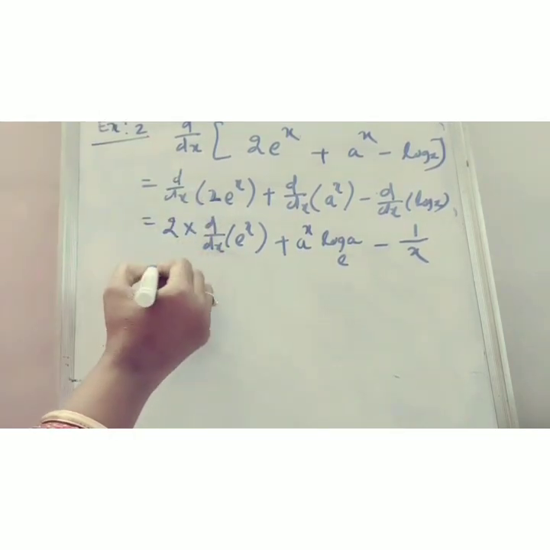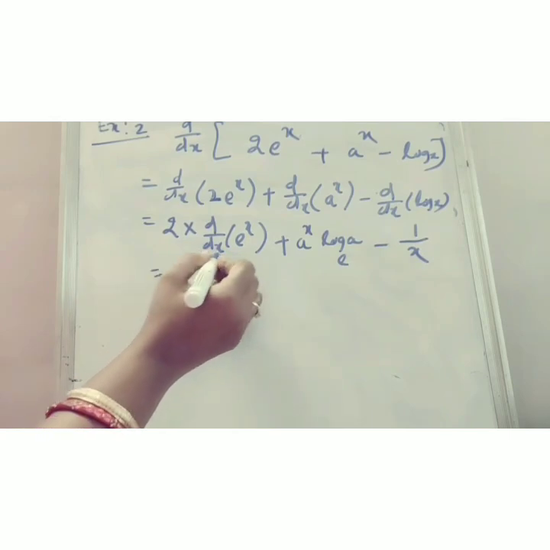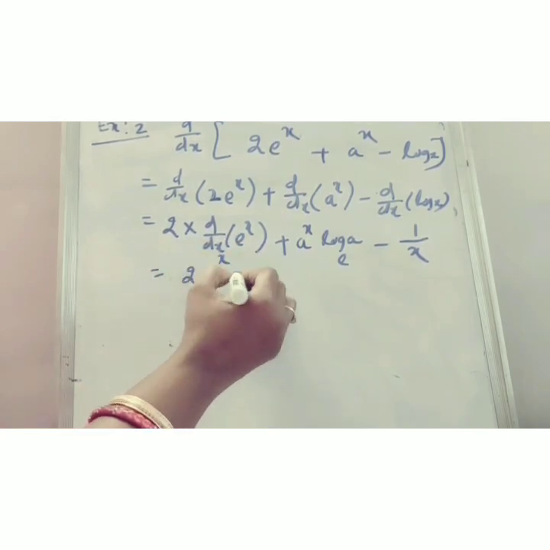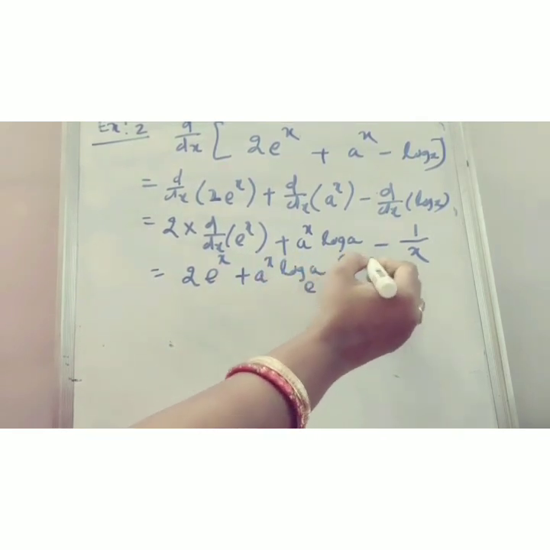So the answer is, what is the derivative of e to the power x with respect to x? This is e to the power x. So this becomes 2 into e to the power x plus e to the power x log a base e minus 1 by x.